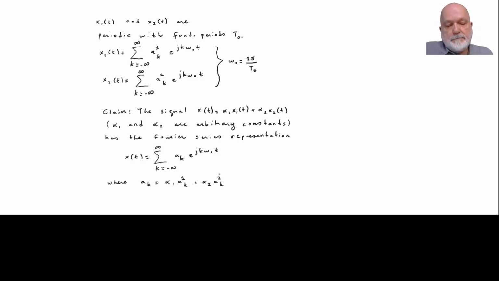That means if we have the signal x of t defined as the linear combination of the signals x1 and x2 given by means of this expression, x of t is also periodic with the same period. This is quite easy to see, but the Fourier coefficients can be obtained in terms of the same linear combination operation applied to the coefficients.